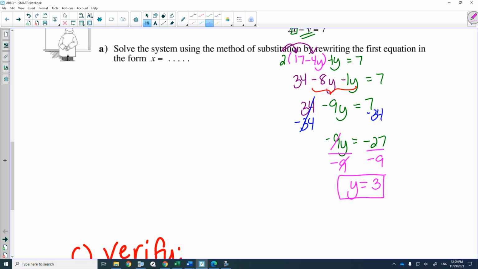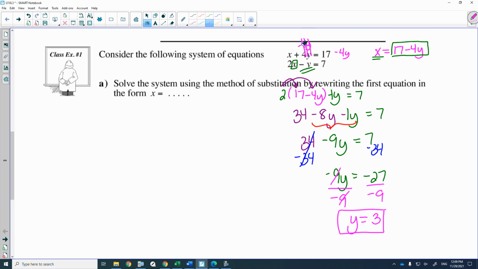You now need x. If you've solved for y, you've solved for half, right? What is your x value going to be? So you look up here. Do you see where you would plug in 3? Do you guys see where it would be that you would get the x value? Where would it be? That's right, right here. I put it right here because this is what x is equal to.